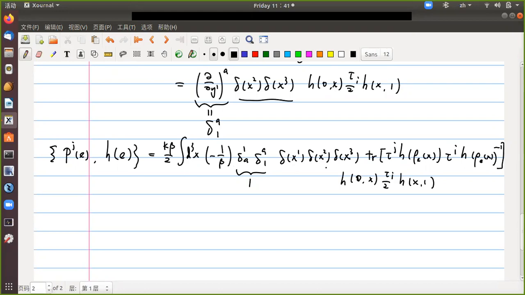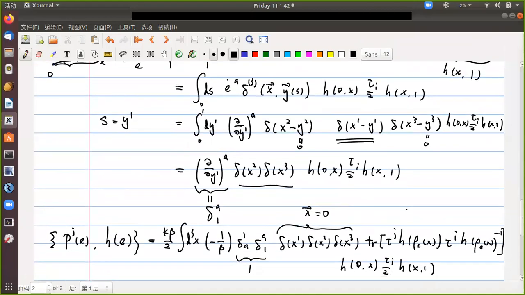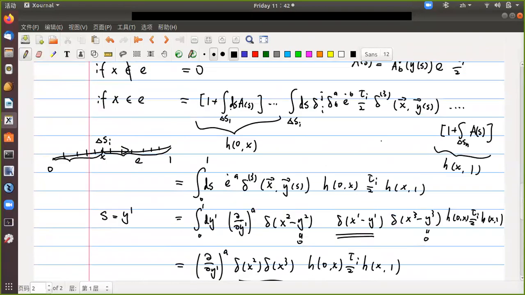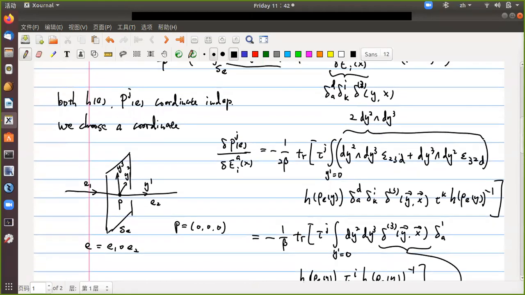Well, here, these three x, you can integrate over the delta function, and you set x equals 0. So this delta function restricts the vector x to equal 0. It means that it is supported at the origin, right? Because these x1, x2, x3 are still evaluated in this coordinate, in this y. Although I labeled this coordinate y, I don't want to use y anymore because I have used x.